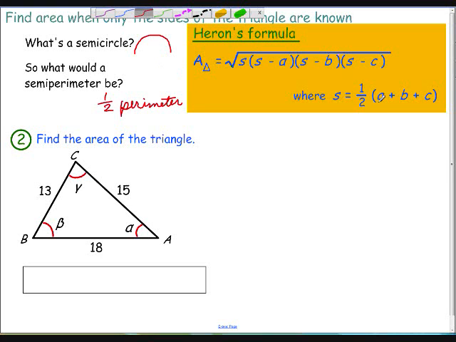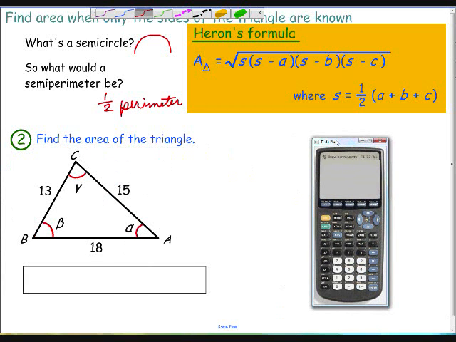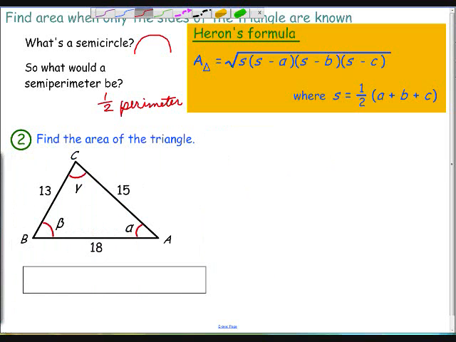So we're going to find what is the semi-perimeter first. So we're going to add 13 plus 15 plus 18. Our semi-perimeter is half of 46, which would be 23. So let's write that down. S equals 23. Now I don't expect you to memorize this. I will give it to you as you need it.